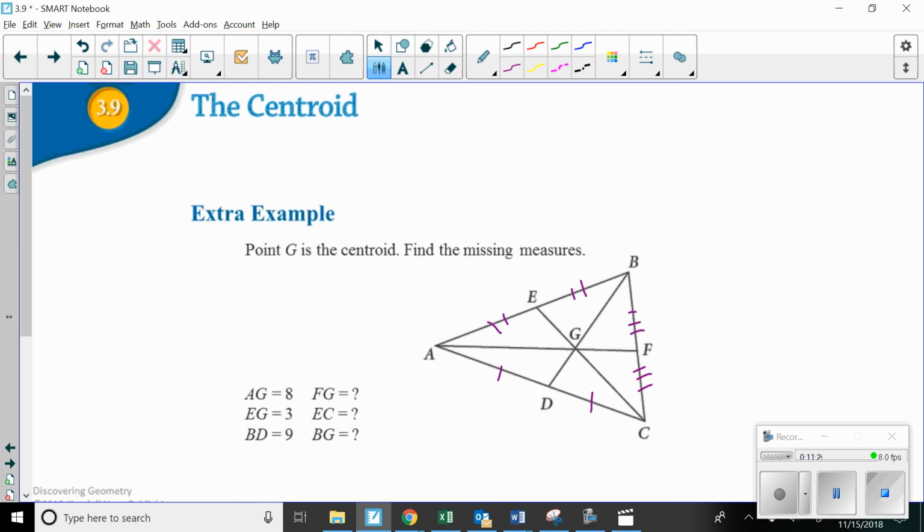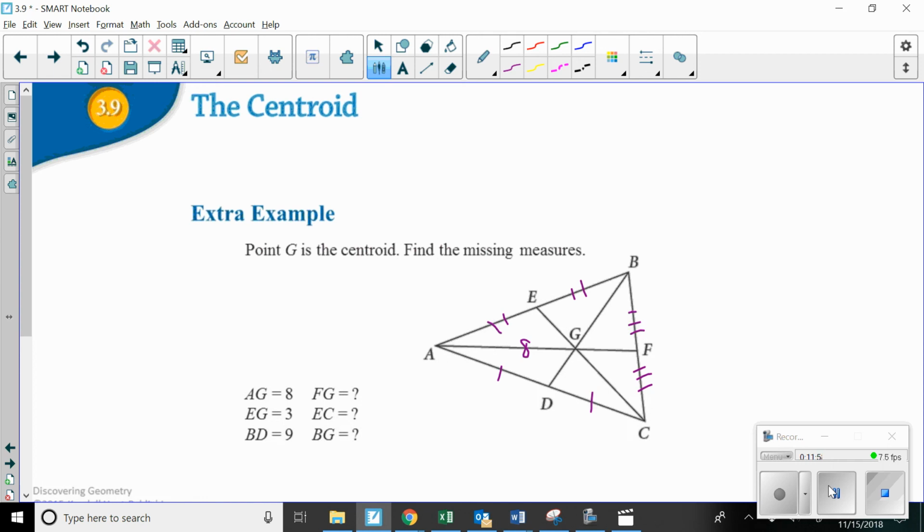So now it tells us that AG is equal to 8, and we want to find FG. Well, let's refer back to our notes about the relationship between the two segments that the median is divided into. It says that the distance from the vertex to the centroid is twice the distance from the centroid to the midpoint.